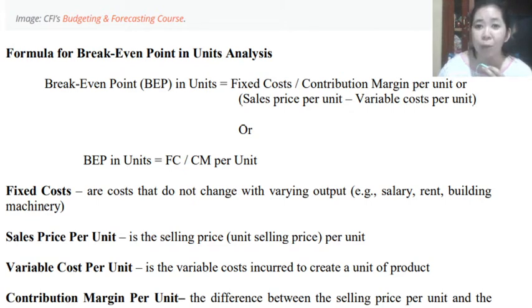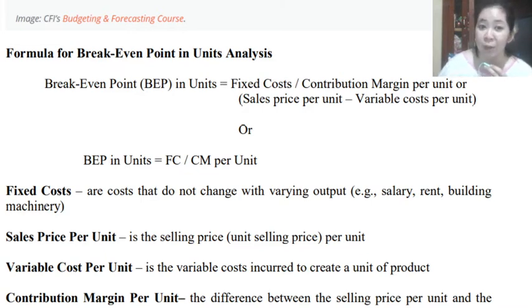So how do you compute your contribution margin per unit? This is the difference between sales price per unit minus variable costs per unit. So again, break-even point in units is equal to fixed costs divided by contribution margin per unit. So that is what we will follow.